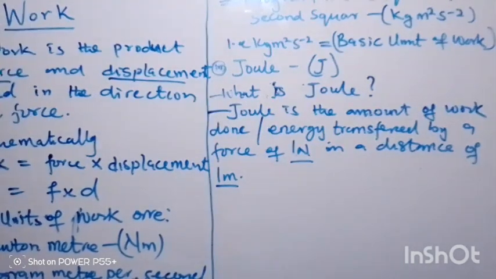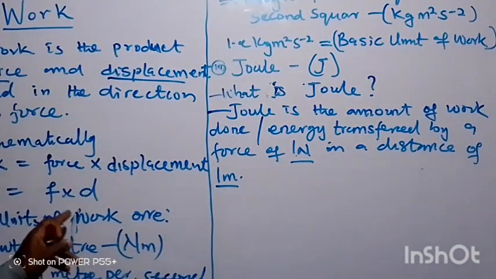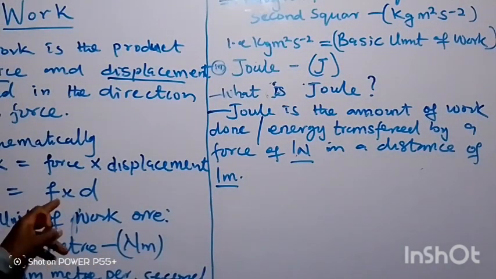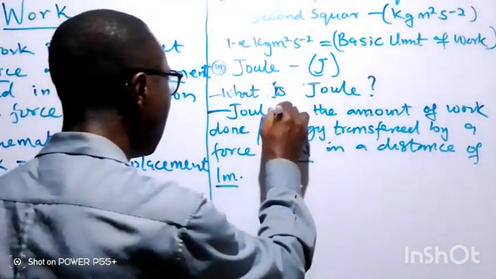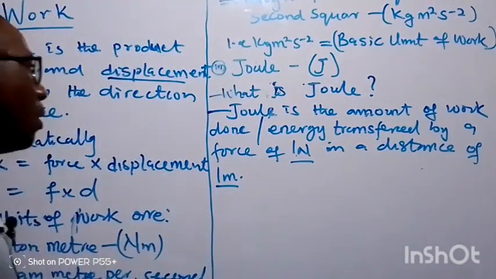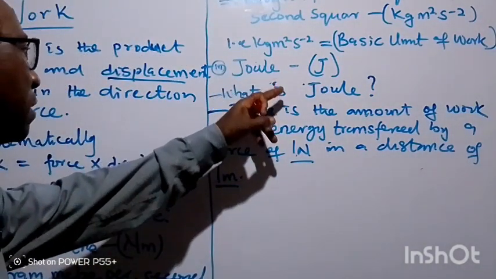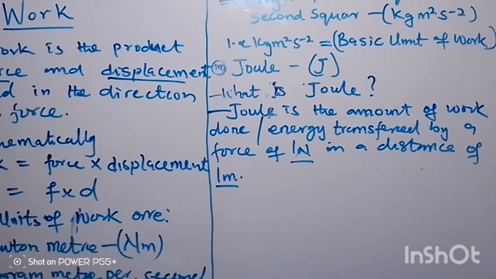That is why we said the first unit of work is Newton meter, and joule is another unit of work, which is the SI unit of work.